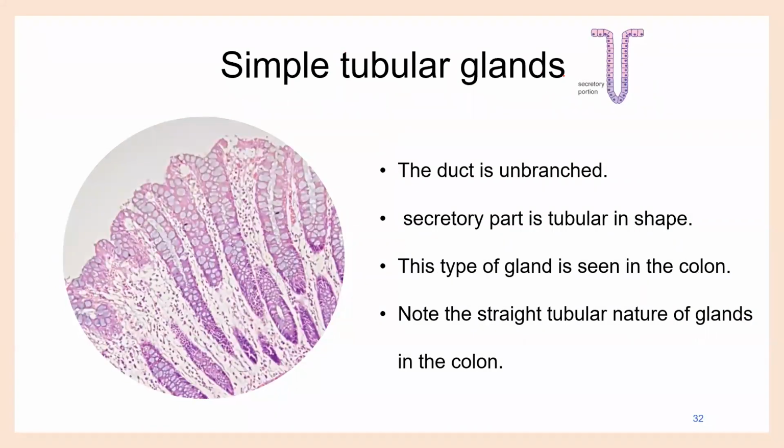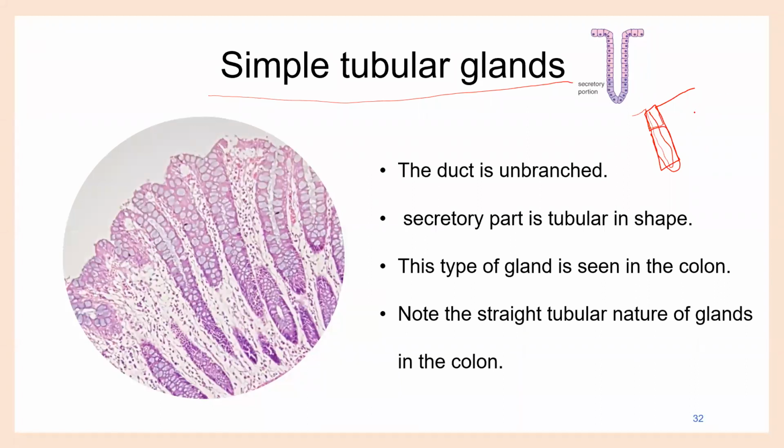Then simple tubular glands are quite common. You see them in the stomach, fundus and body of the stomach, and also in the colon. You can't really see which part is the duct and which part is the gland. It's difficult. The whole thing just looks like a tube. However, we call part of it the duct and the other part the secretory portion. All this is lined by mucous cells. The secretory part is tubular shaped, and the duct also continues with that tubular shape.